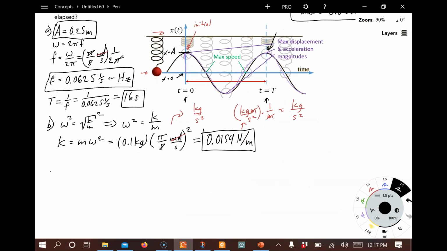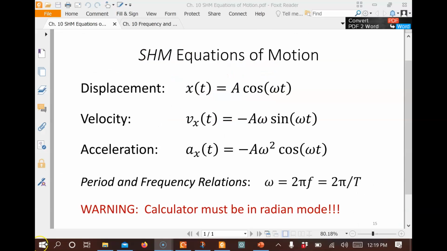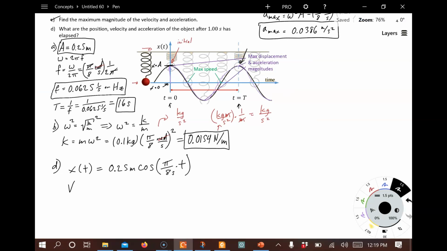So for part D, I'm going to go ahead and rewrite the position equation. Let me pause for a second. So there it is for x. Now for v, we know that that's equal to minus omega A sine of omega t.